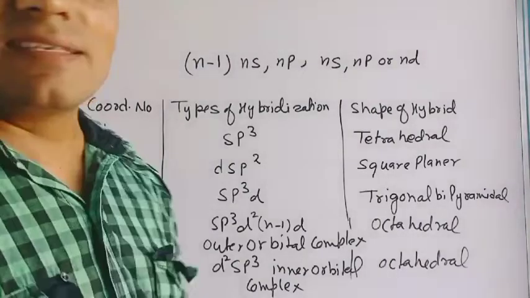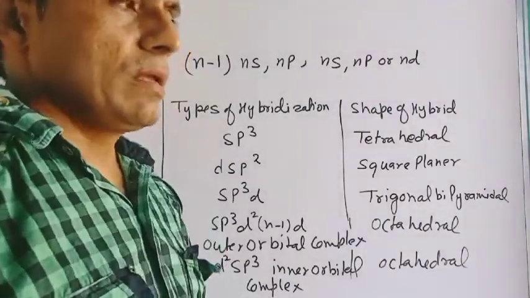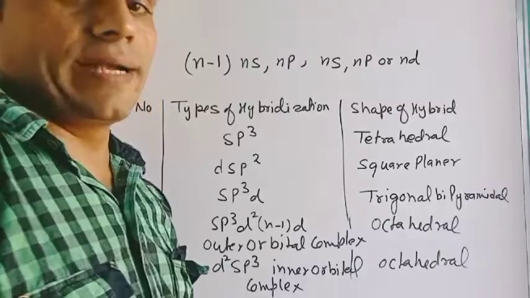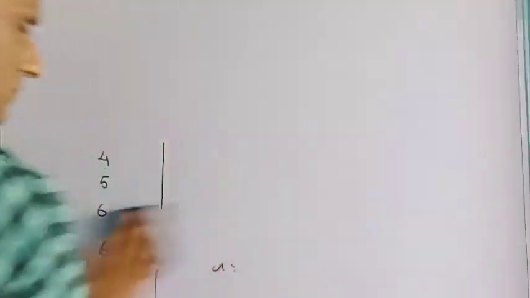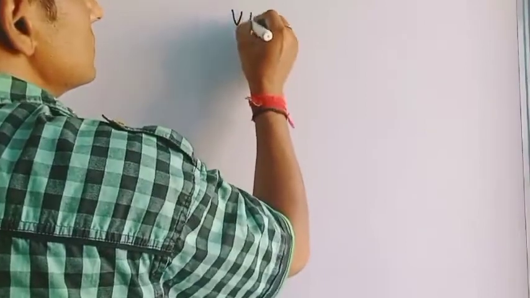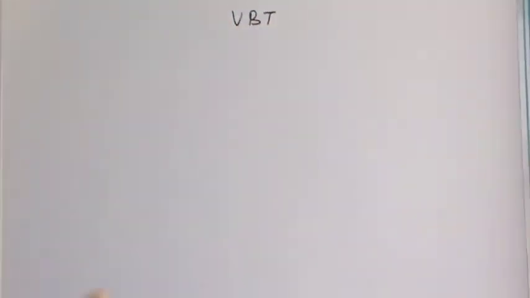Now a very simple method to solve the question that comes in the board exam on valency bond theory. To find the VBT, we keep in mind two things.